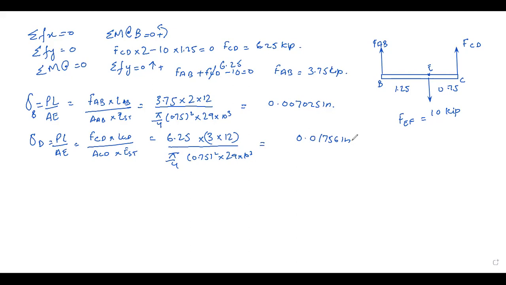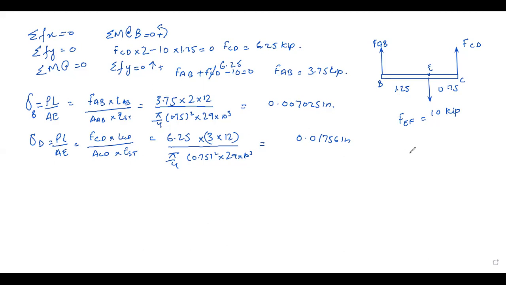But we have to determine the deflection at point E here. Okay. Here at point E. So now, suppose if this is a member, it will deflect. I'll show you in a second figure.